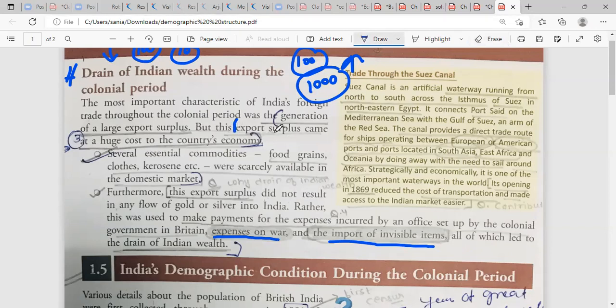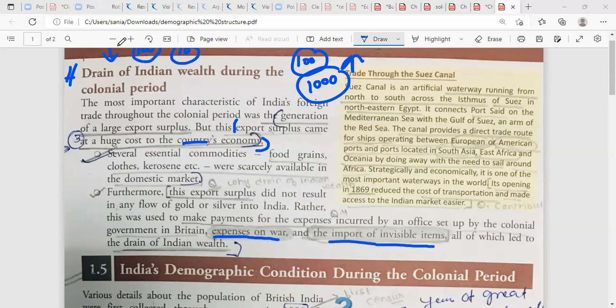How can you say that export surplus came at a huge cost of India's economy, not the country's economy?